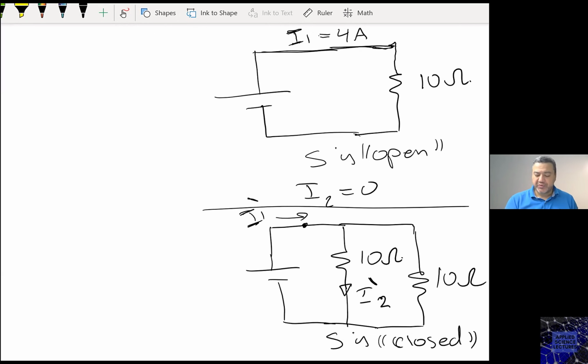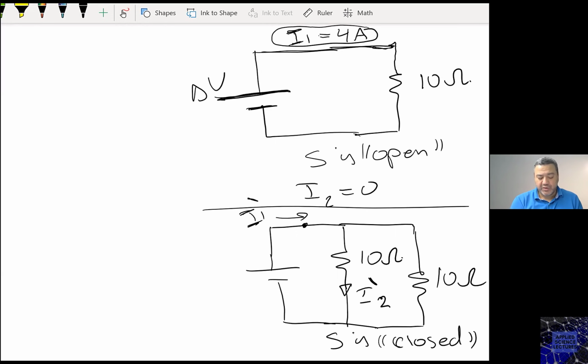One of those parameters that do not change is the potential difference across the battery. The potential difference across the battery has nothing to do with the switches. It will always give you the potential difference that it's supposed to give you, either if it's open or closed. But what I can get from this 4 ampere is to calculate the potential difference here. Why?